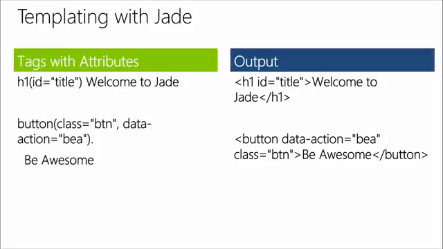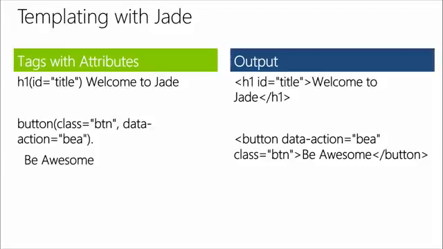Then it's "Welcome to Jade." The text that would normally go in between the node just comes after it, and any attributes go within the brackets. So ID equals title, and then the text, which is once again hard-coded. Maybe we want to switch that out. Maybe that's something that's going to come from a database at some point. But you can see the output there.